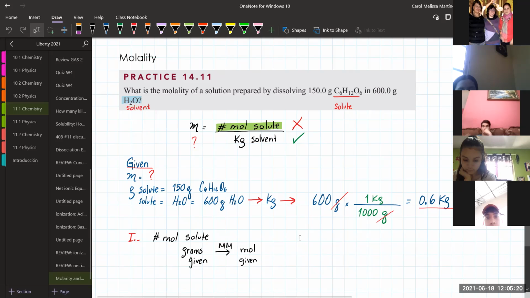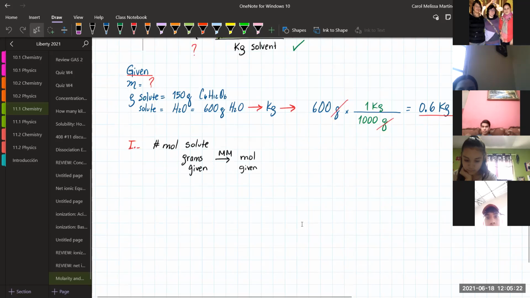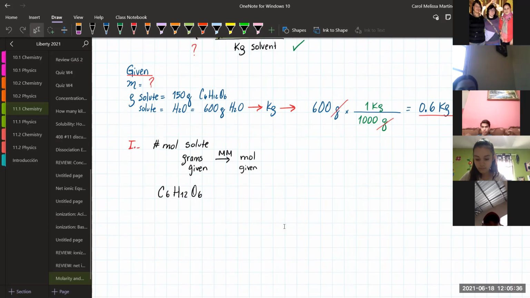So the first step is the molar mass. So this is the chemical composition. So this gives me 6 carbons, 12 hydrogens, and 6 oxygens.